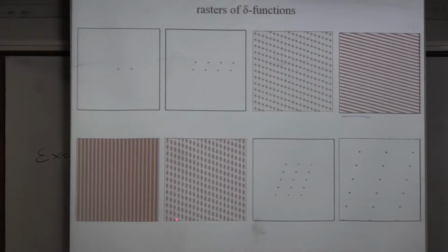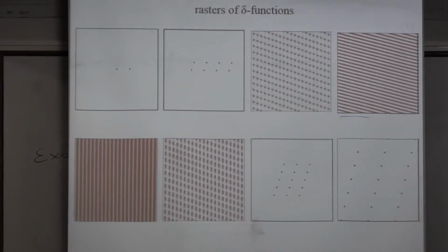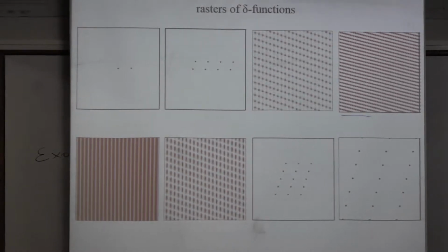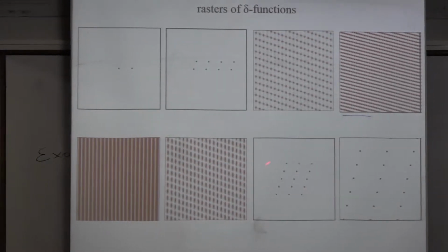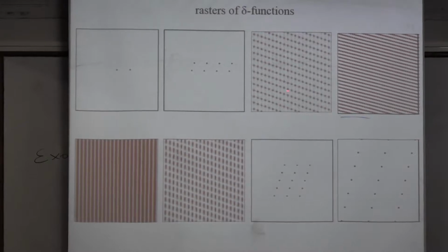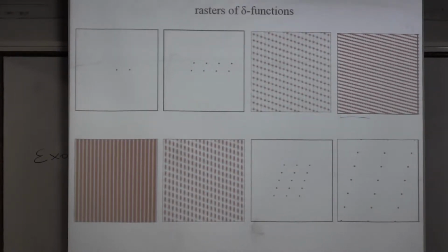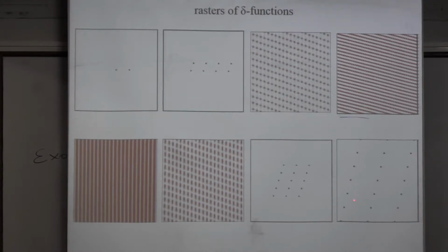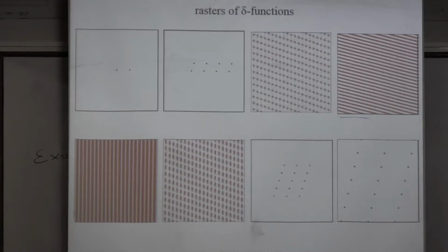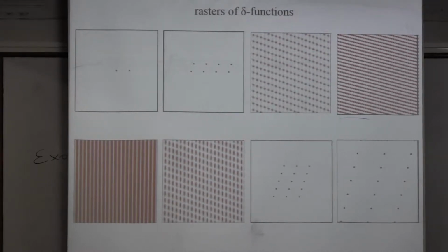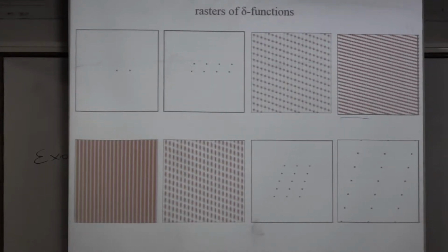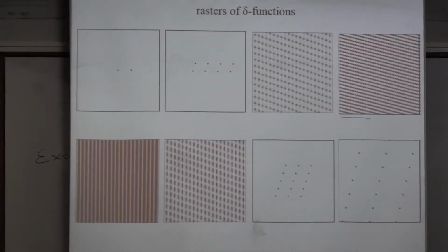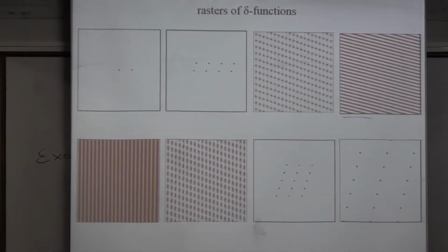And that's why you get this nice ripply pattern in different directions. If I do the same thing, but I put more of them in there, then I get the same ripply pattern, but interfering with more stripes. And therefore it gets more structured. If I put them further apart, then the stripes get closer. So all these steps here should be perfectly natural for you and exactly what you had expected.